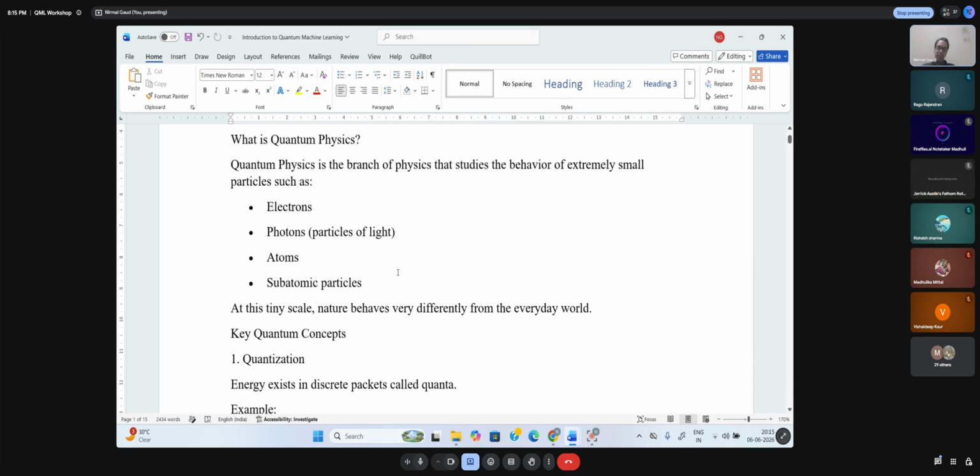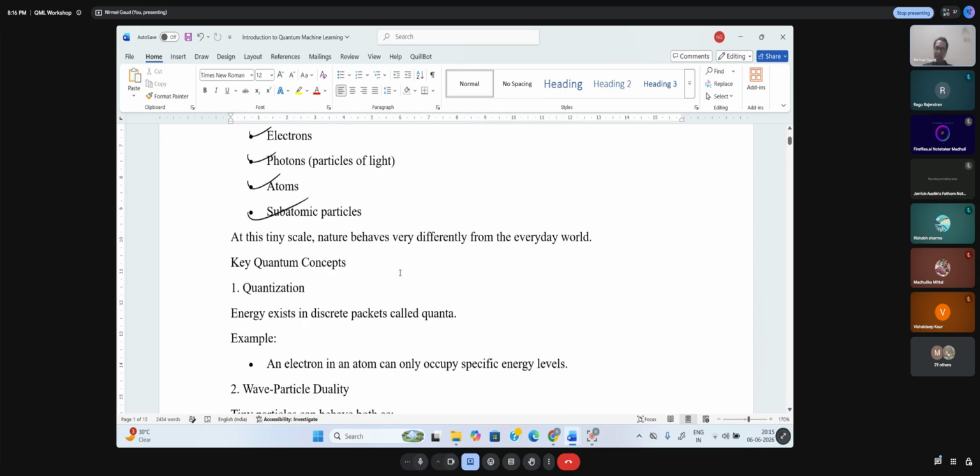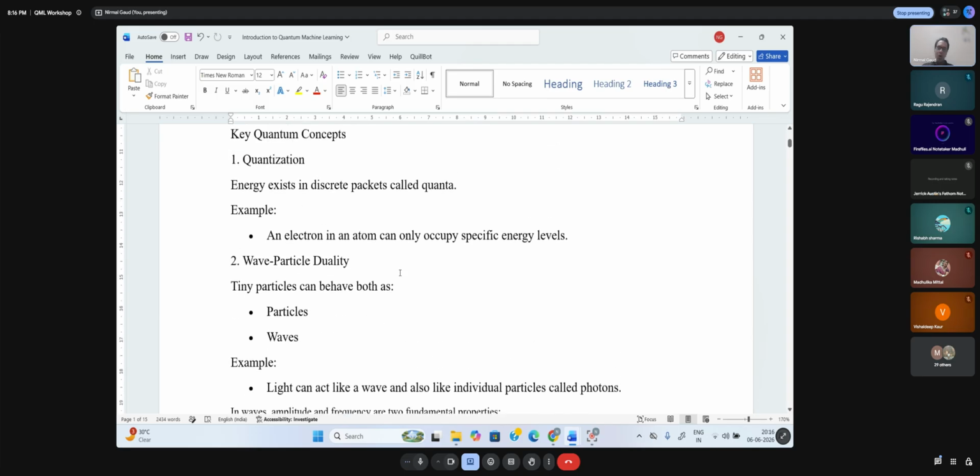In quantum physics, we have electrons, photons, atoms, subatomic particles, as I already told you, which possess energy and rotate or revolve in their energy levels. Okay, fine. Quantization means discrete packets called quanta. Discrete means countable in nature.